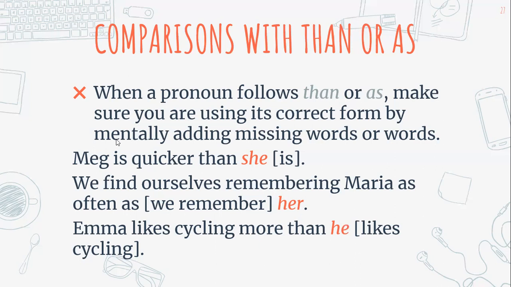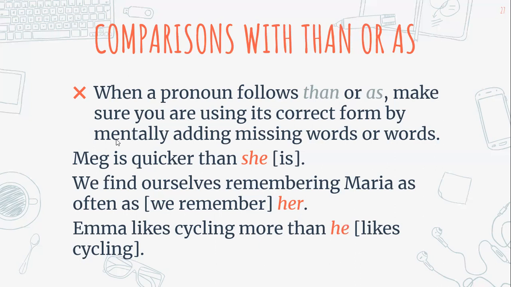So, Meg is quicker than she is. We find ourselves remembering Maria as often as we remember her. I think this sentence needs a revamp. But anyways, Emma likes cycling more than he likes cycling.